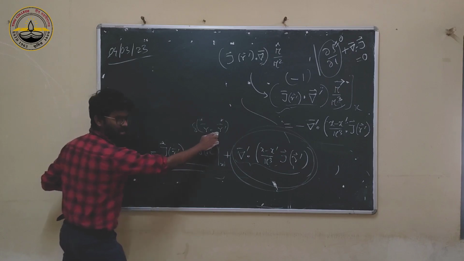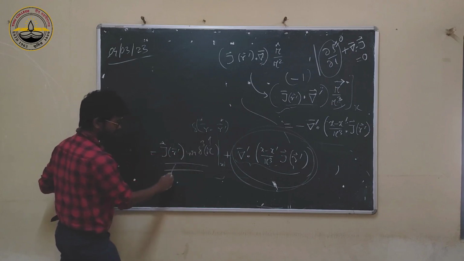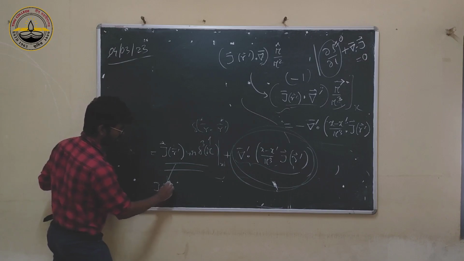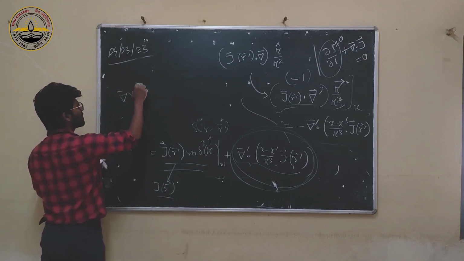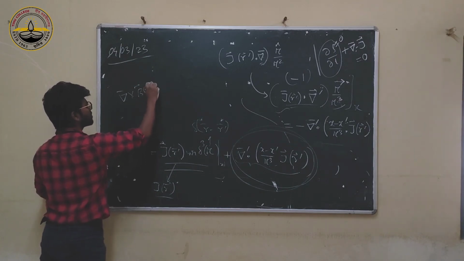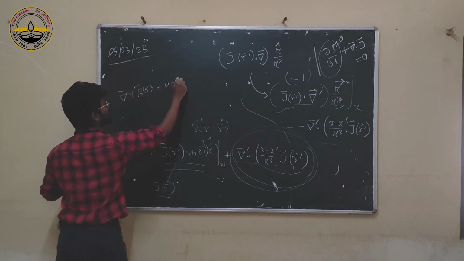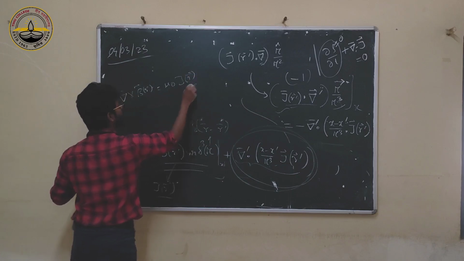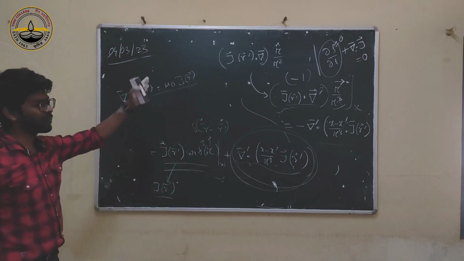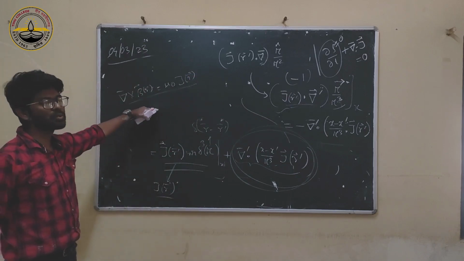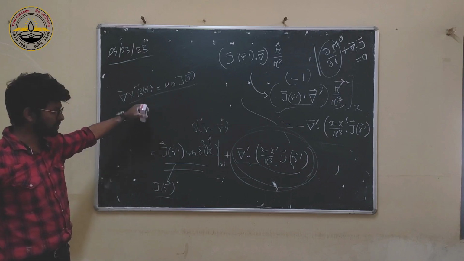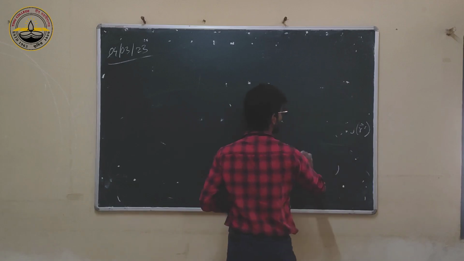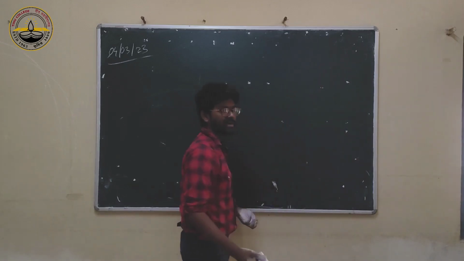So when r equals r prime, this will come out to be j of r. And that will be your answer. Del cross B of r will become mu naught j of r. The one that we proved for a single infinite wire will be true even for a general steady current situation. Promise me you will go back and at least study this vector calculus chapter.